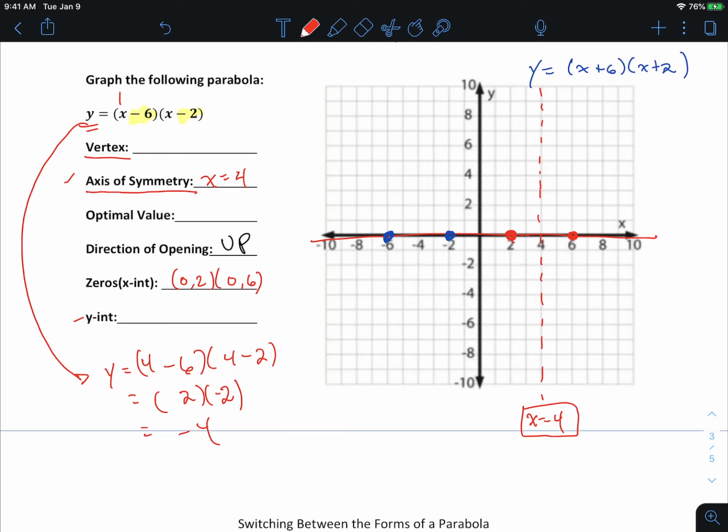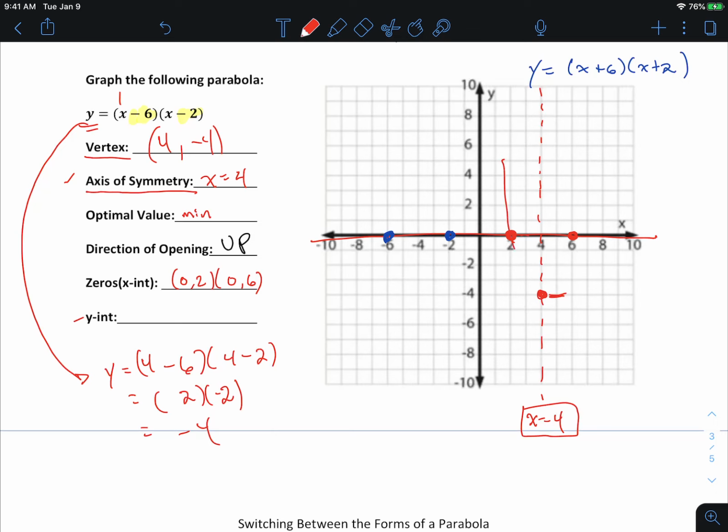So -4. Which means your vertex, you plugged in 4, and what did you get out? -4. So you go plot that. It's right there. You can now basically graph the parabola. Because now that's your vertex, and the optimal value is the y value of the vertex, and it's going to be a minimum this time, right?